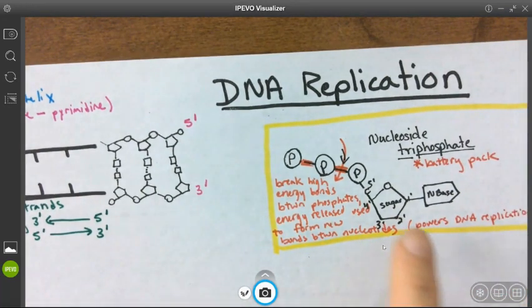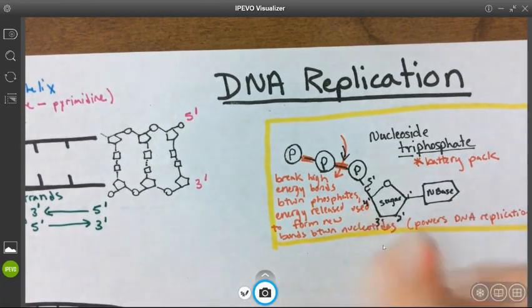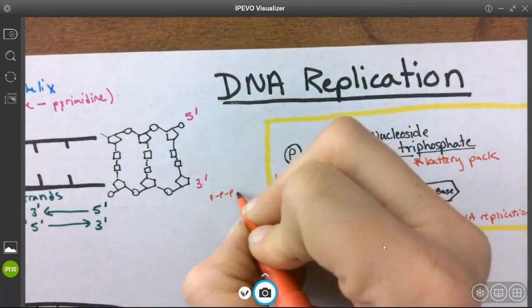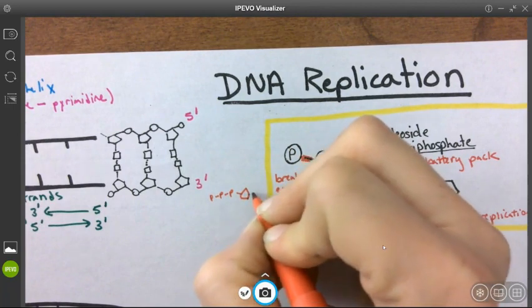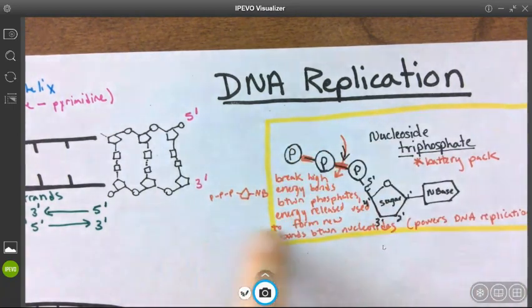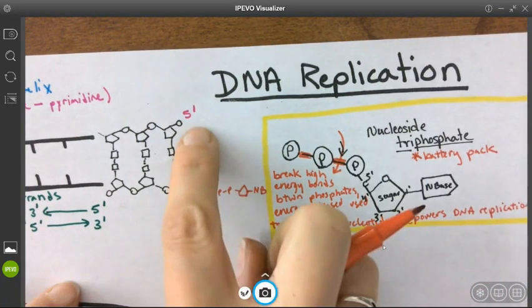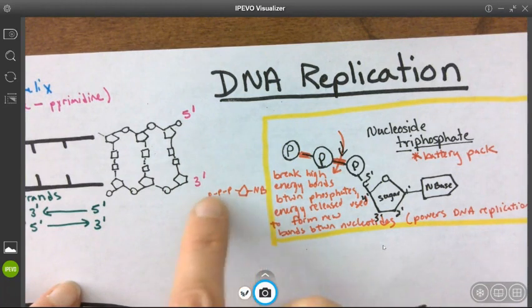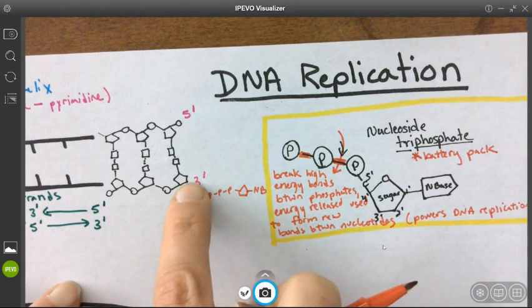As a consequence, however, if we take one of these nucleotide triphosphates, here's phosphate, phosphate, phosphate, here's the sugar, here's the nitrogen base. This is a nucleoside triphosphate right here. If we think about these two ends of the DNA, this nucleotide is going to join to the 3' end because we need a phosphate to join to a sugar.